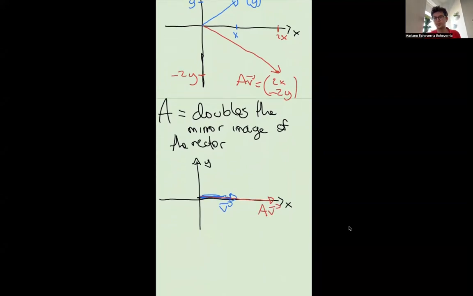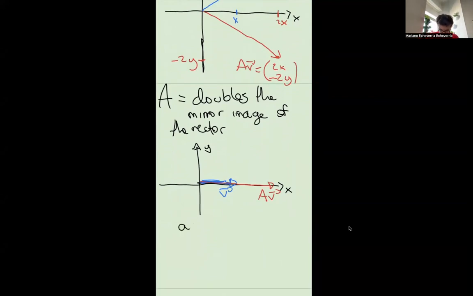So a vector on the x-axis should be an eigenvector of A, and we'll show that this is true.